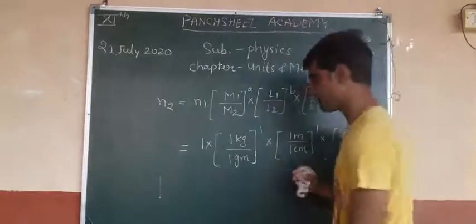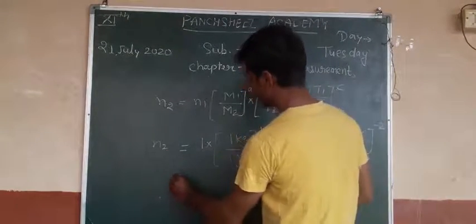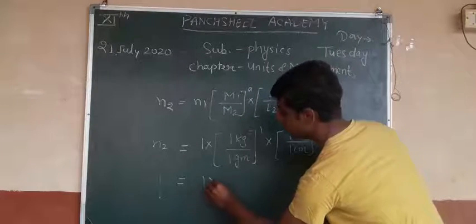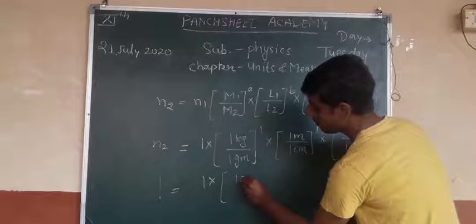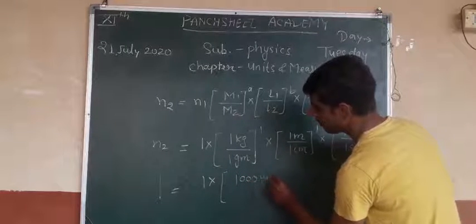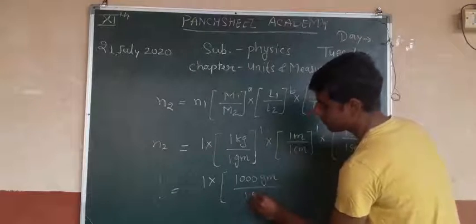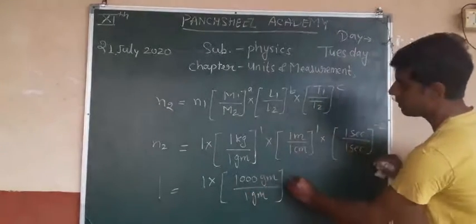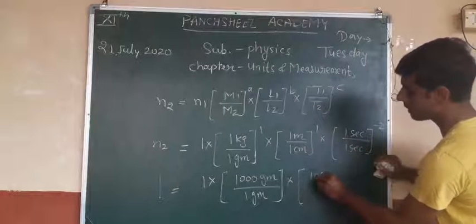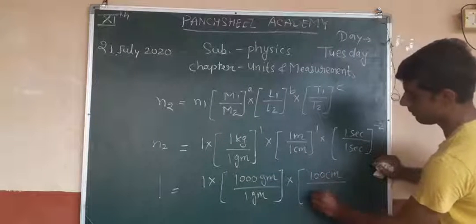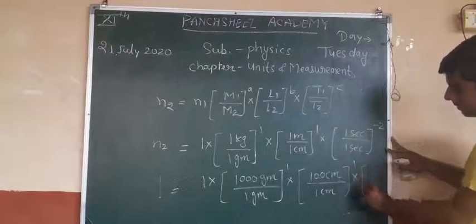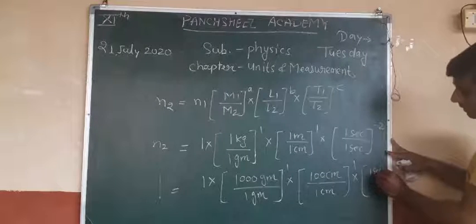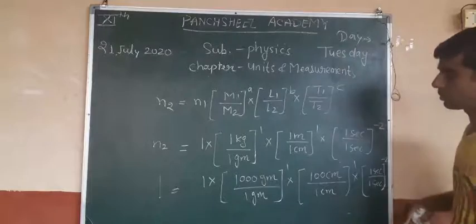Now solve this value. 1 into 1 kilogram is converted into 1000 gram. Okay. And 1 gram. 1 meter means 100 centimeter, and 1 centimeter upon power is 1, and 1 second upon 1 second, and power is minus 2.